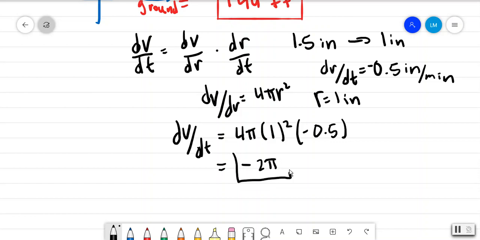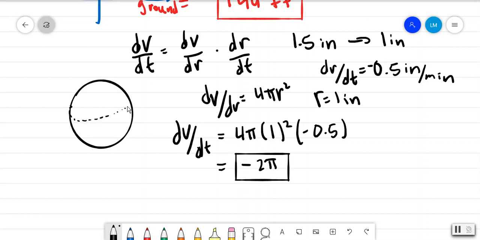Notice that it's telling you that the sphere is becoming smaller and smaller, based on this parameter that it's decreasing at 1/2 an inch per minute.